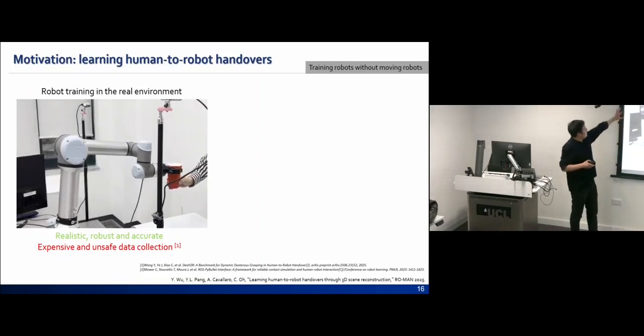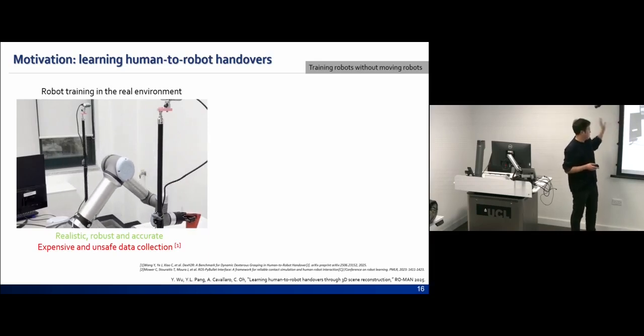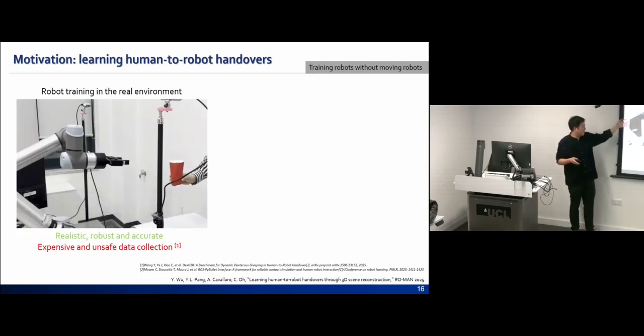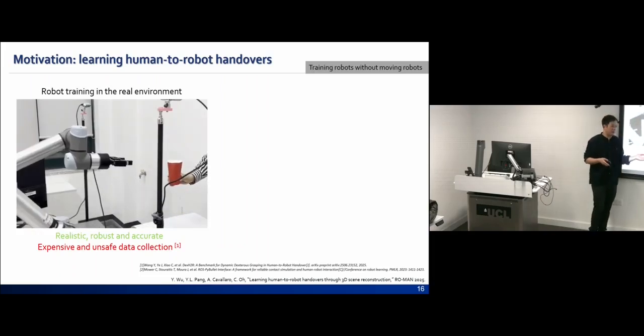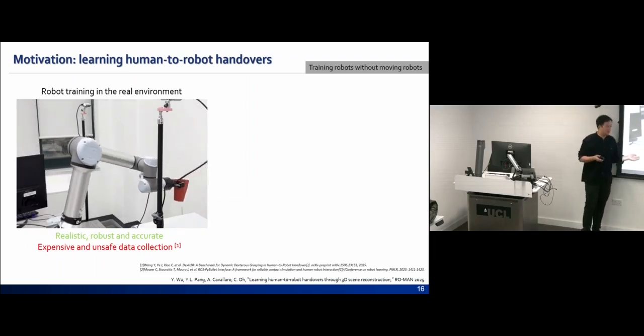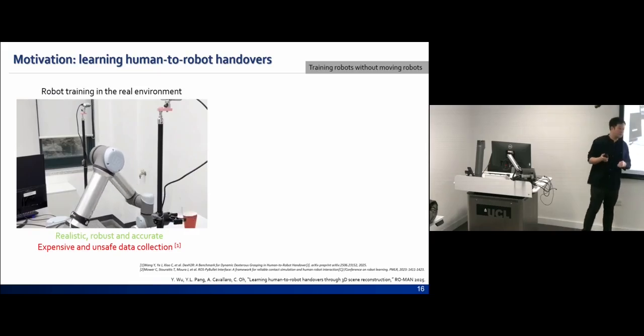If we train the robot or perform robot learning in the real environment, the good thing is that it is realistic. It's the actual environment, and it can be robust and accurate as long as we collect a bunch of data. But the problem is that it is expensive to collect a large dataset to let the model have good generalization capability.